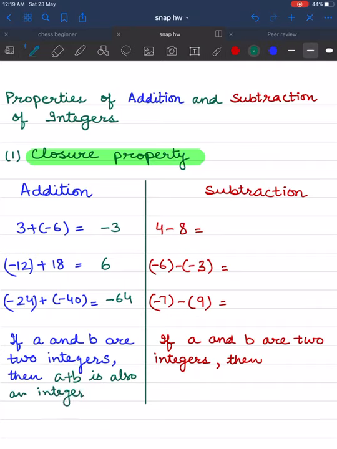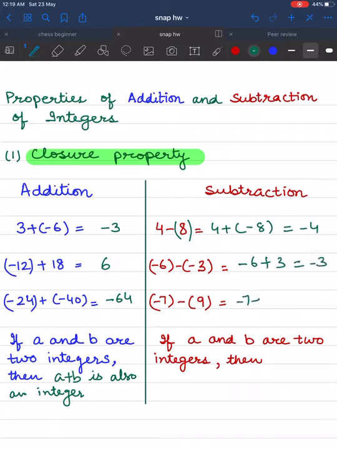Let's check for subtraction. Now I hope children you remember that to subtract we change subtraction sign to addition sign and we take opposite of the second integer. So here I get 4 plus minus 8, so it's minus 4. Minus 6 plus 3, minus 3.